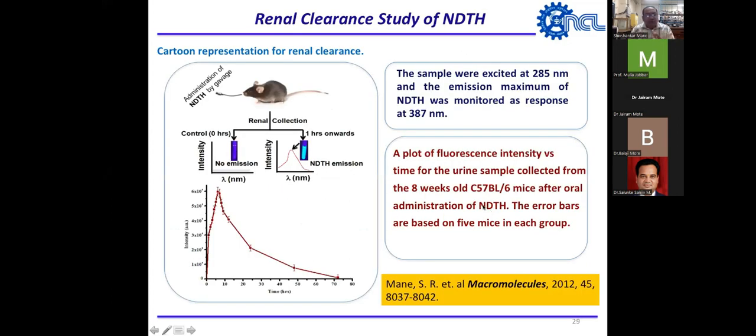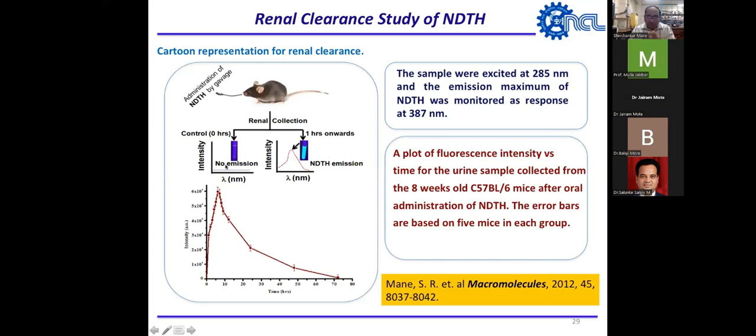Then what is next? What will happen to the polymer when the drug is released? For that, we chose 8-week-old mice, gave this polymer as a gavage dose, and collected urine samples with respect to time. The polymer has a very good fluorescence property.